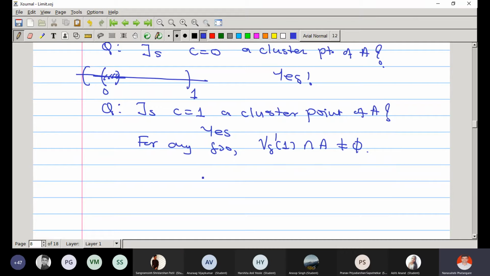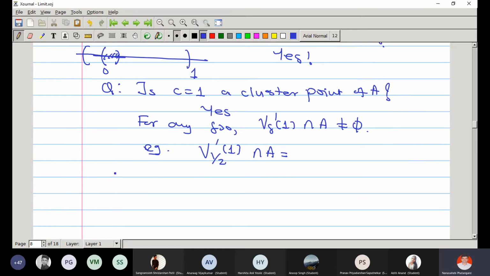So whatever delta you select, you can always find a neighborhood. For example, if I take V half dash 1 intersection with A, is it empty or non-empty? Non-empty, right?